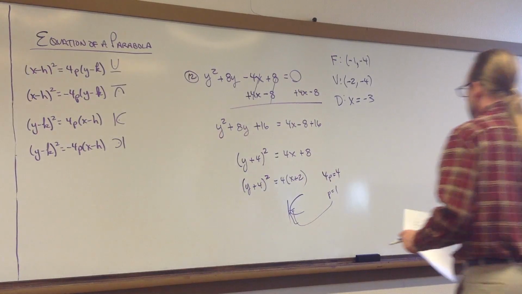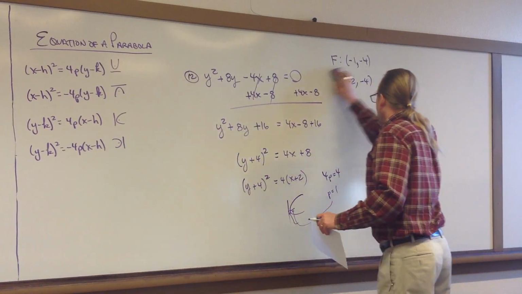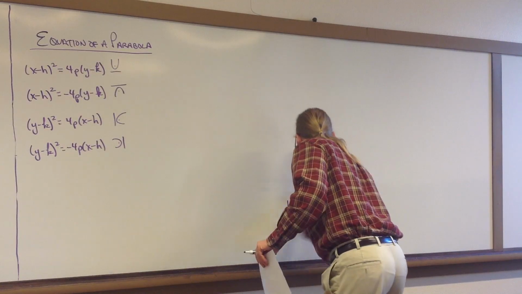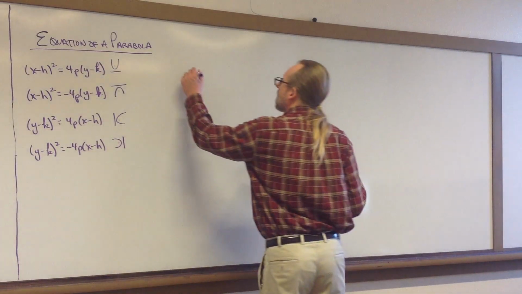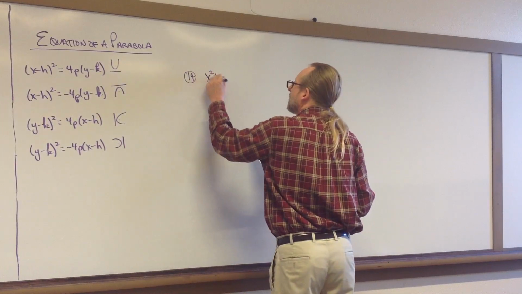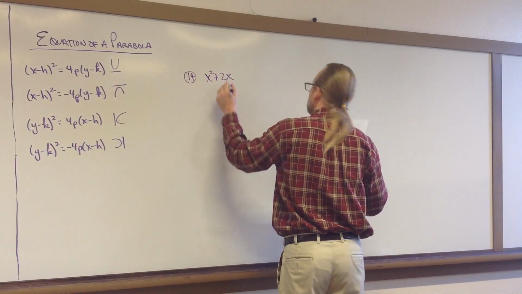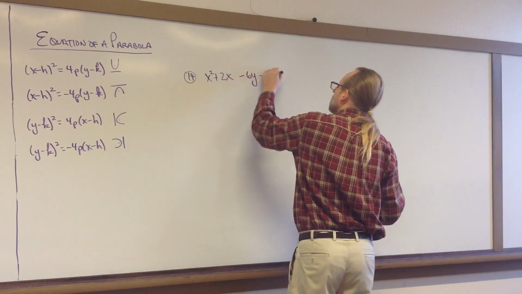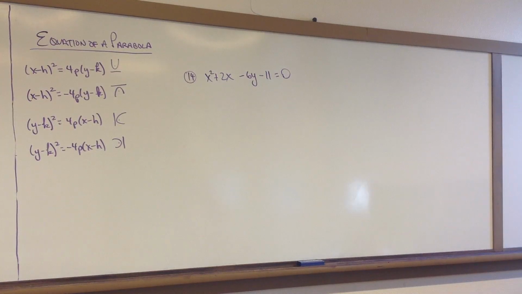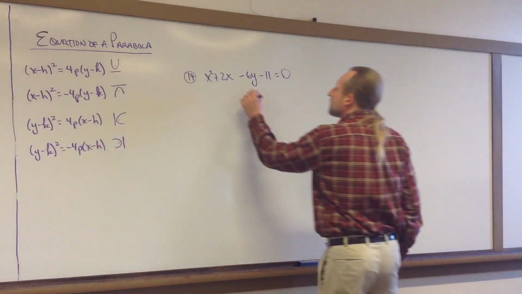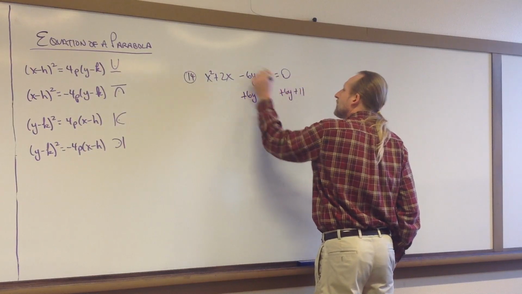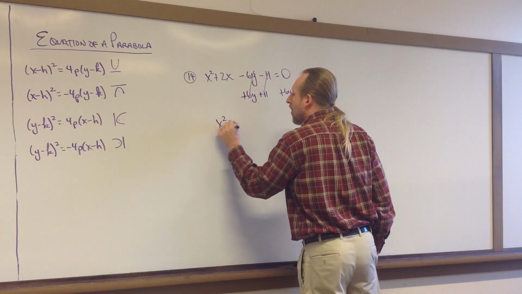Let's look at problem 14. X squared plus 2x minus 6y minus 11 equals 0. Again, let's clear some space here so we can complete the square.